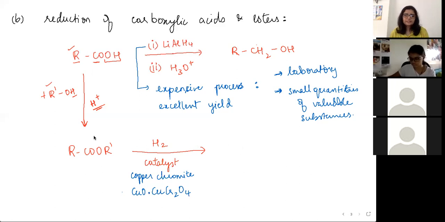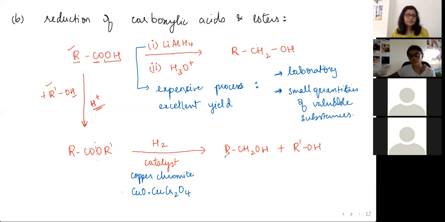Hydrogenation of this is going to break everything and give you alcohol. So you get RCH2OH, and this other part of it will also break down into R'OH. You get your alcohol back, and the acid part of it. Ma'am, both of them are primary alcohols? Both of them are primary alcohols.